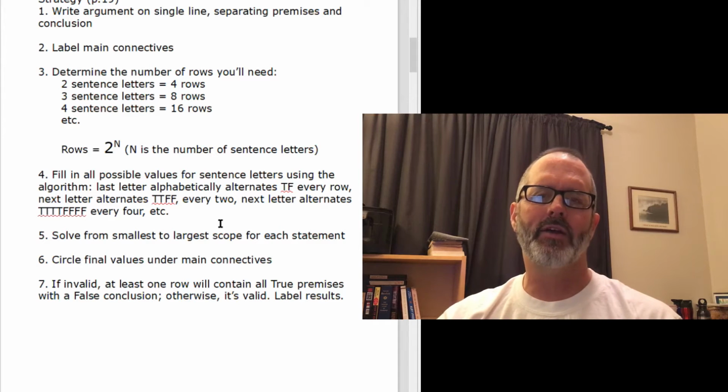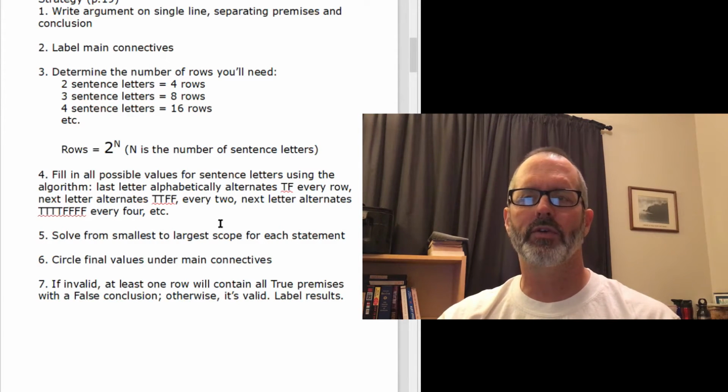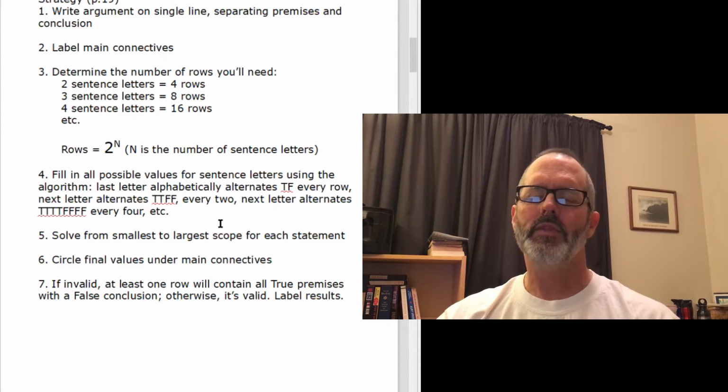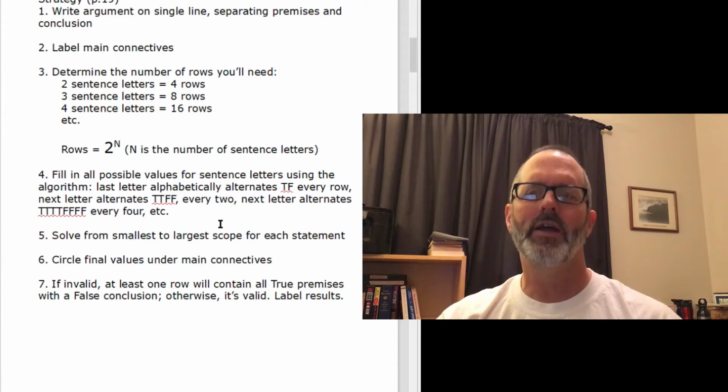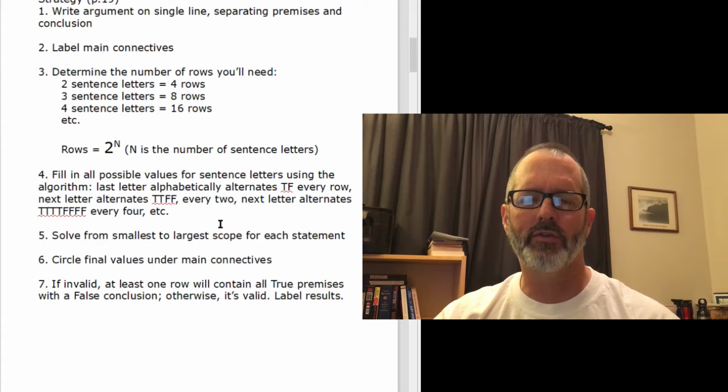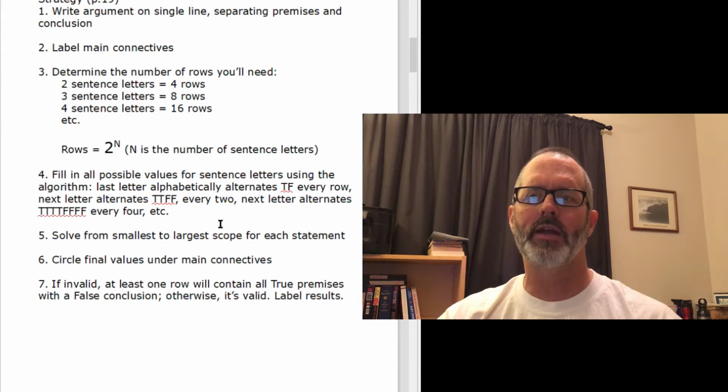So the next letter alphabetically moving up would be true, true, false, false, true, true, false, false, and so on. Step 5 is something we already saw when we looked at the S exercises: solve from the smallest to largest scope for each statement. And step 6, circle the final values under the main connectives. You'll do this in your table for each premise and the conclusion.